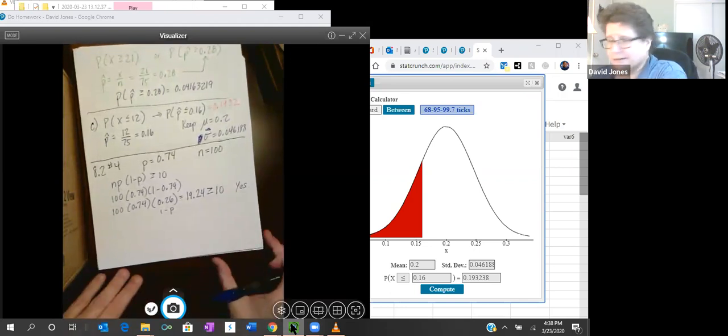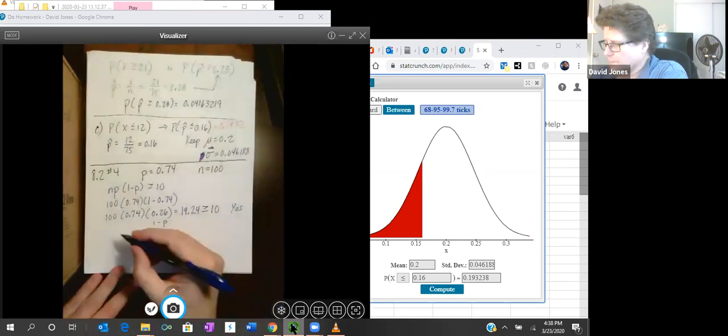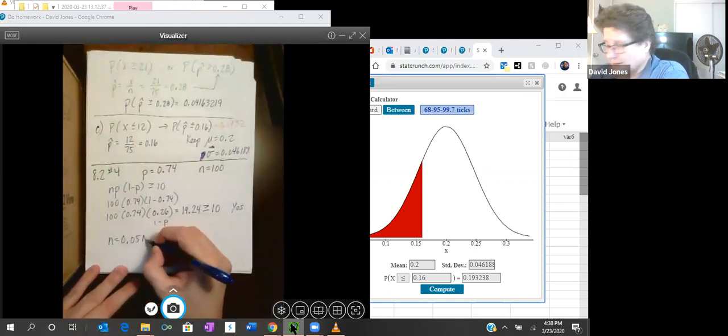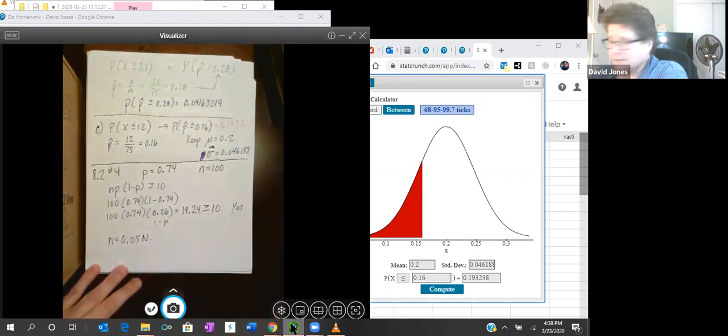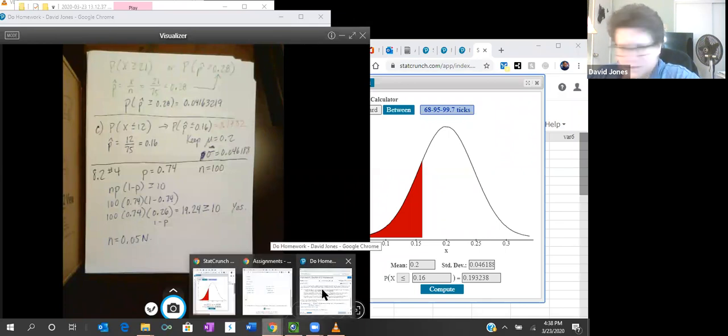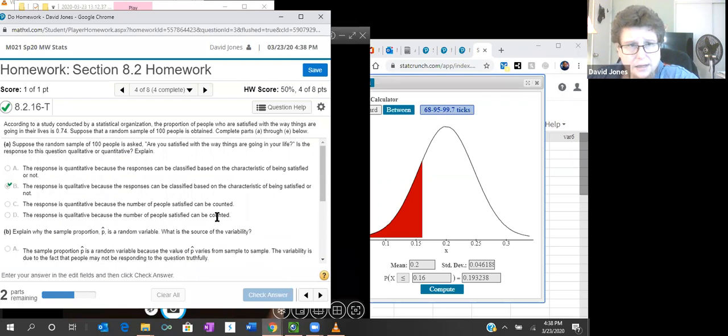The other criteria we wanted is n to be less than 0.05 of the total population size. Well, let's come back and look. Did they give us a total population size? They don't.